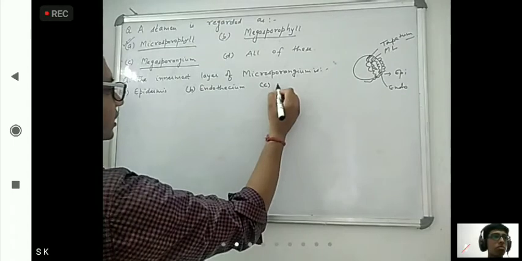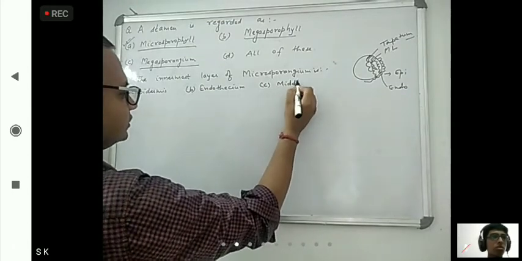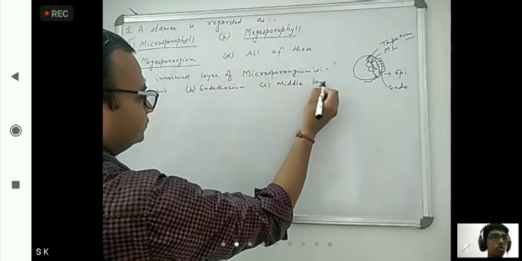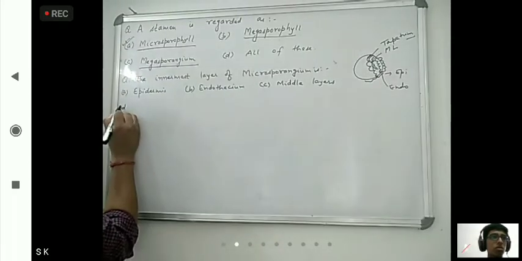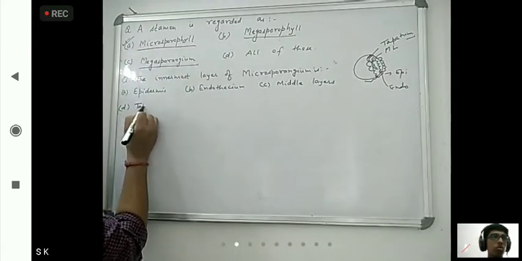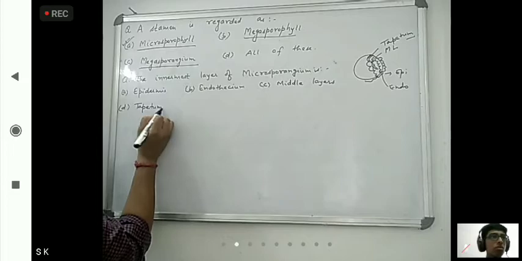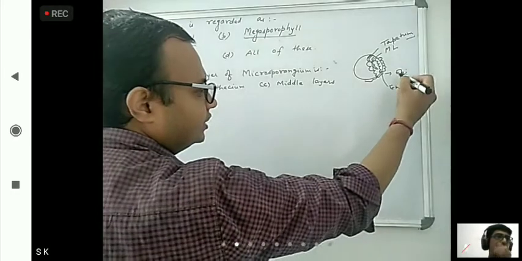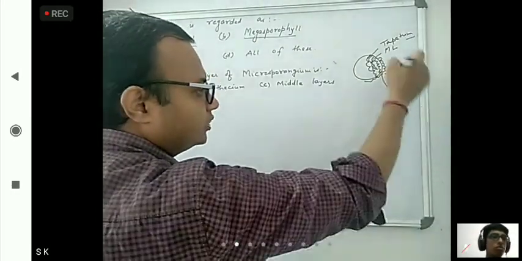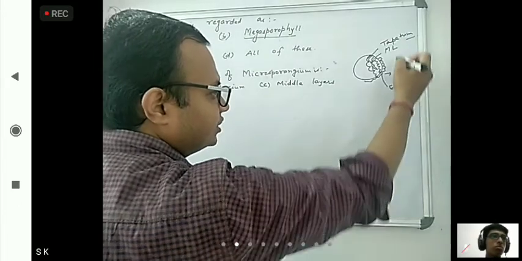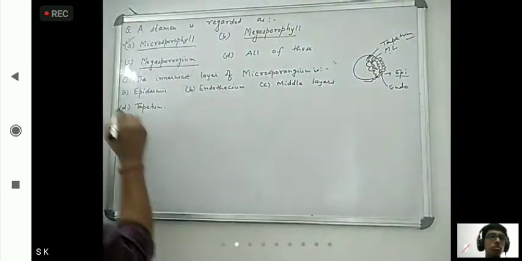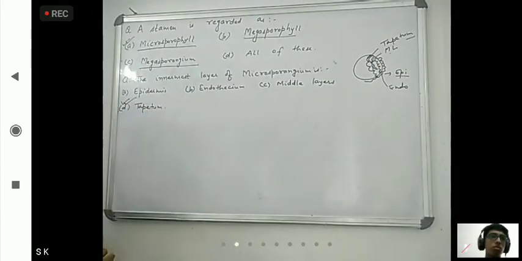Third one is middle layers. And the fourth one is tapetum. So what will be that? We already discussed outermost epidermis, endothecium, middle layer, and then tapetum. So what will be the answer? Tapetum. Right one. So it is tapetum.